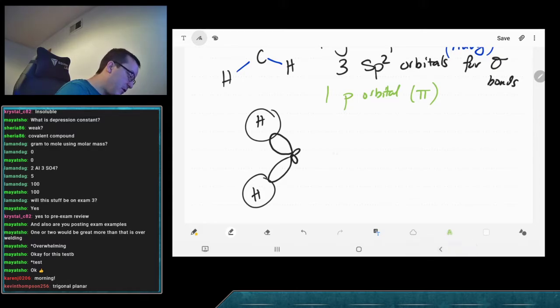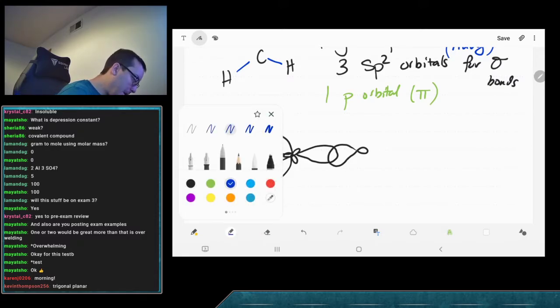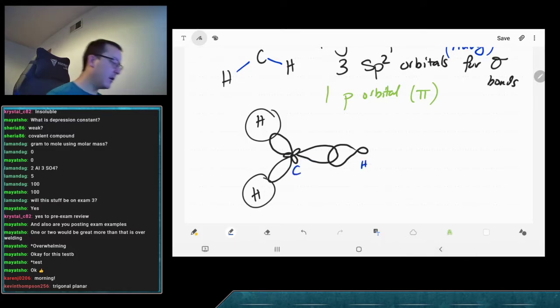We have our oxygen here, which is going to be using hybrid orbitals also, but let's not worry about that. Okay, so that's carbon in the middle there, and here's our oxygen. I'll just draw them like this. So this is all flat and planar.